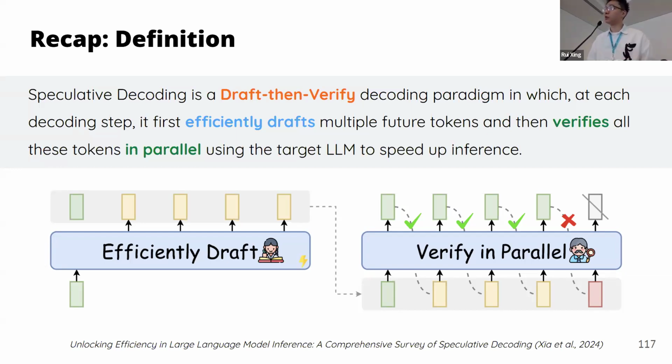In each decoding step, this paradigm first efficiently drafts multiple future tokens, the draft tokens, as guesses or speculations on the future decoding steps of the target large language model. And then we use the target large language model, the original one, to verify all the drafts in parallel so that the original output will not be changed.